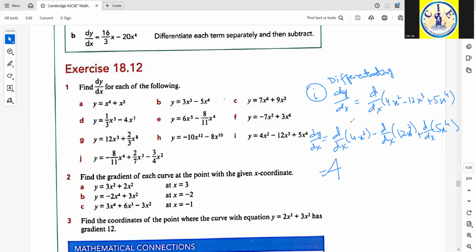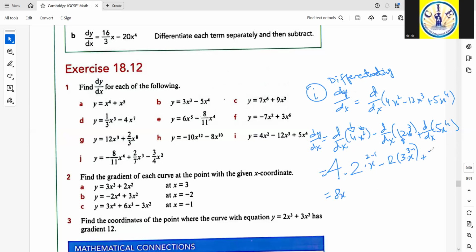Now 4 being the coefficient would be written at the start, and then 2 would come in the beginning when I differentiate 4x square, and then x raised to the power 2 minus 1. Now this will give us 8x. Okay, now for the second term, 12 being the coefficient would be the same, and then for x cubed, 3 is brought in the beginning, and x raised to the power 3 minus 1.